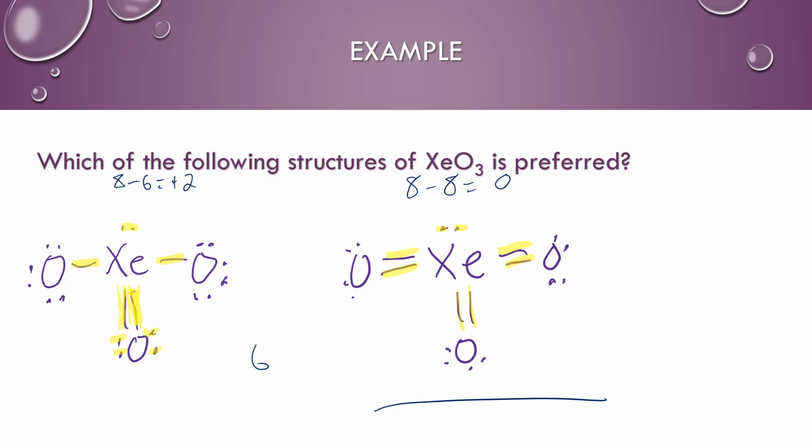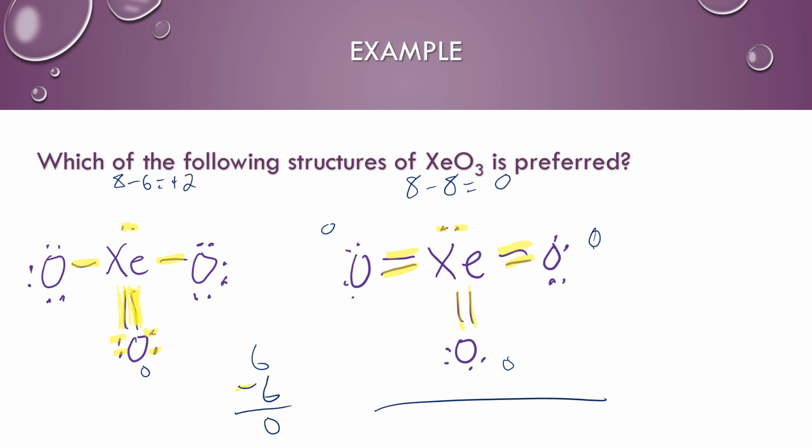And so 6 minus 6 gives us a formal charge of 0. So all of those oxygen atoms that have 2 bonds and 2 lone pairs have formal charges of 0.